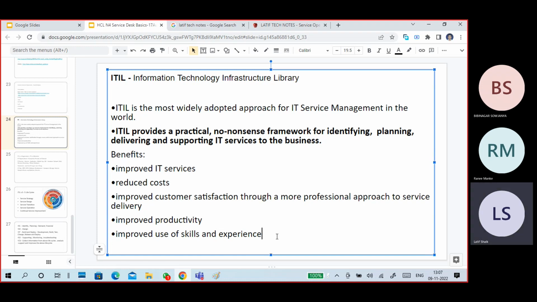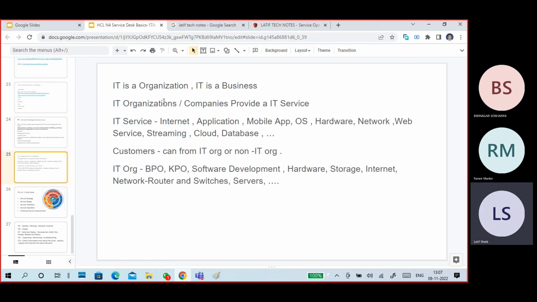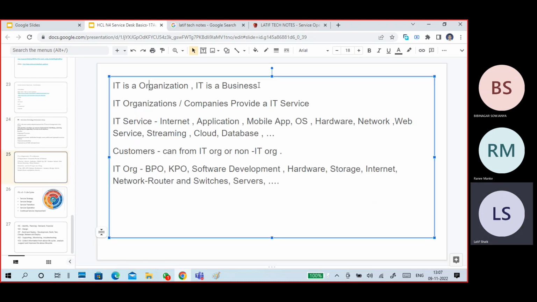So look here, guys. ITIL gives guidelines to IT organizations in all aspects of an IT organization.